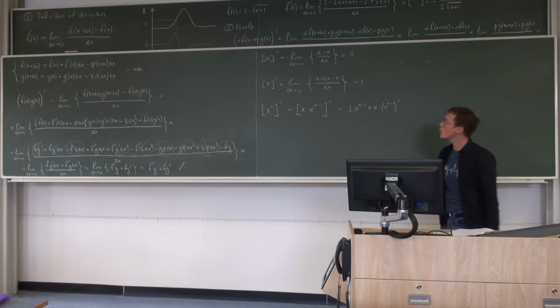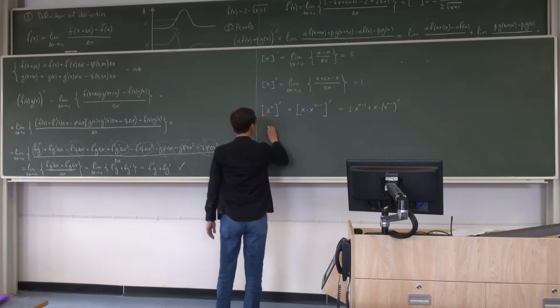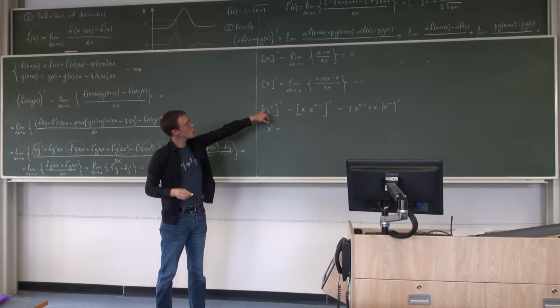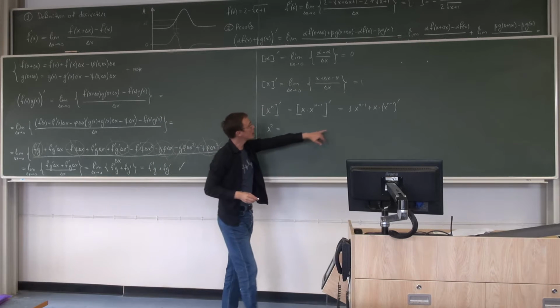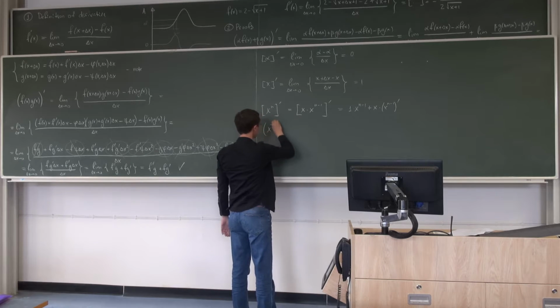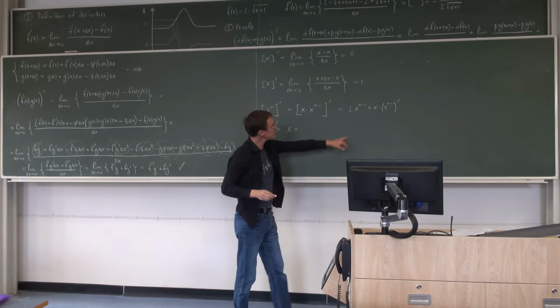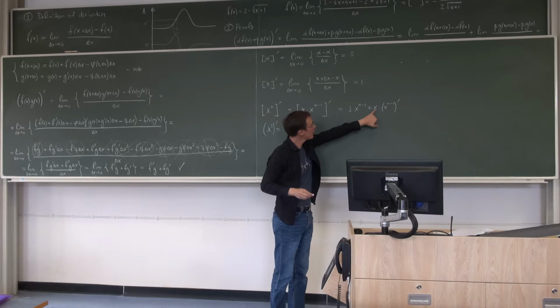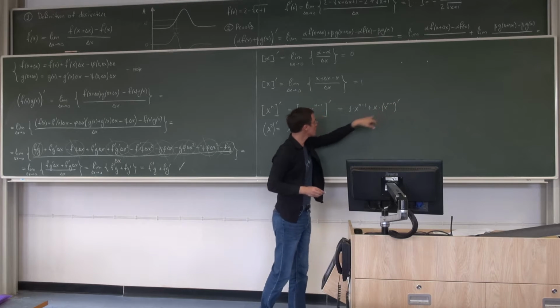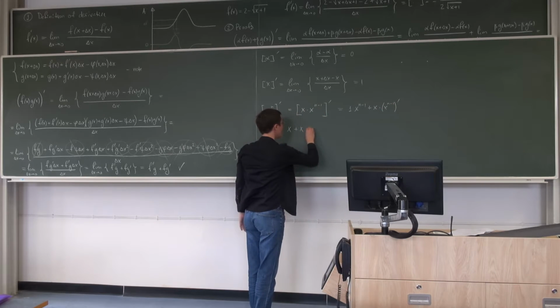Well, let's try x squared. x squared will be n equal to 2, so we will have x to the power 1 plus x times x to the power 1 prime, which is 1, so x plus x is 2x.